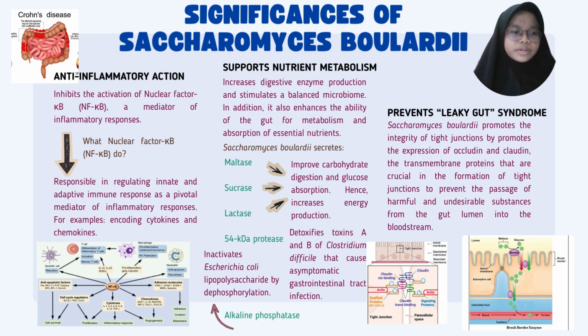It promotes the expression of occludin and claudin, the transmembrane proteins that are crucial for the formation of tight junctions. So, it can make the gut cells tight together to prevent harmful material such as bacteria from passing by the cells and entering the bloodstream. That's all for me. Thank you.